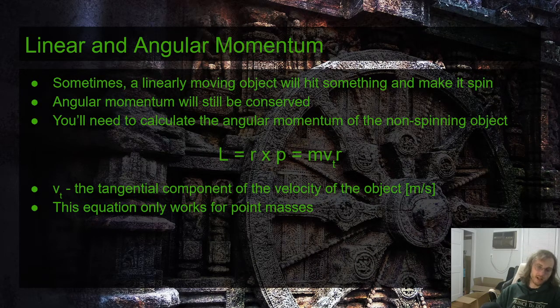Sometimes you do actually have to care about the relationship between linear and angular momentum. So in particular, if you have an object that is moving sideways and hit something, and they stick together and spin, or they bounce off it and one of them starts spinning, your angular momentum still needs to be conserved.